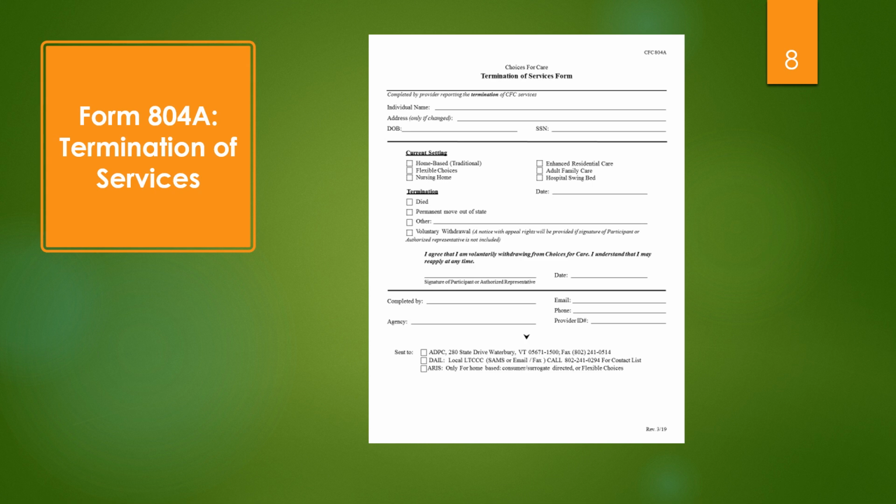Check the box for the reason for the termination of services. Check the voluntary withdrawal box if the individual is withdrawing services by their choice. The individual must sign the form if voluntarily withdrawing. Finally, complete the name of the person filling out the 804A form and their contact information.